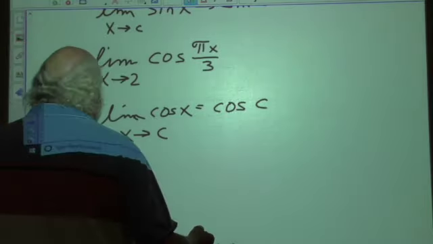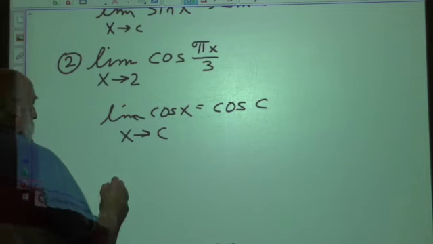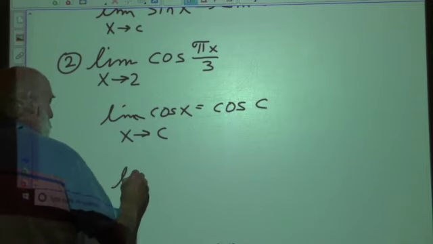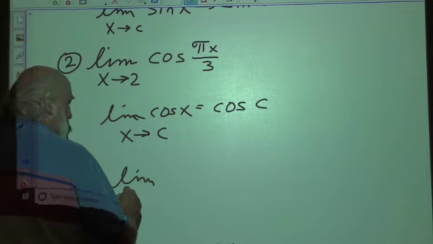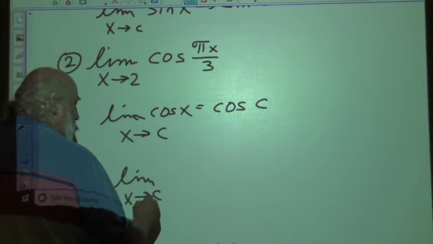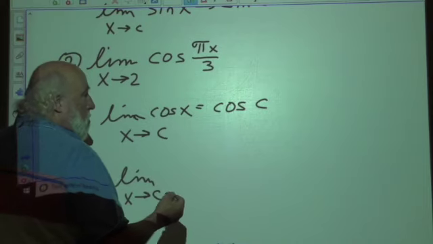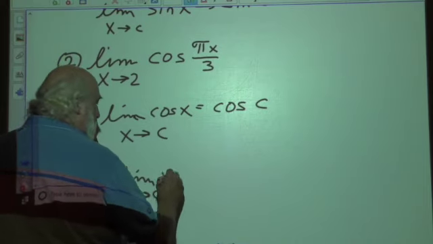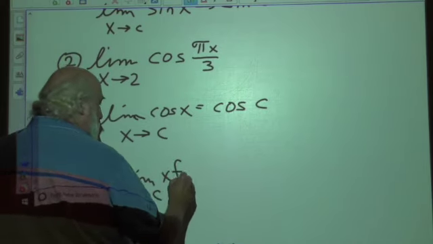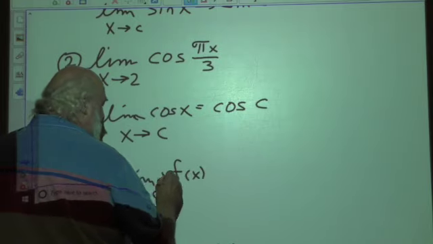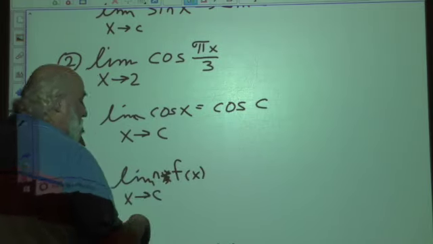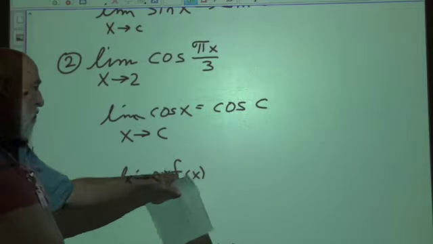In other words, what I'm saying here is if the limit as x approaches c of some function is being multiplied, so let's say n times f of x. That's better, because I don't want to be confused with saying x there.